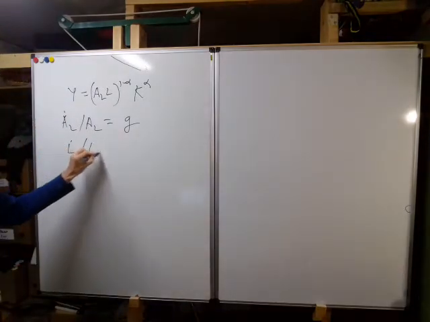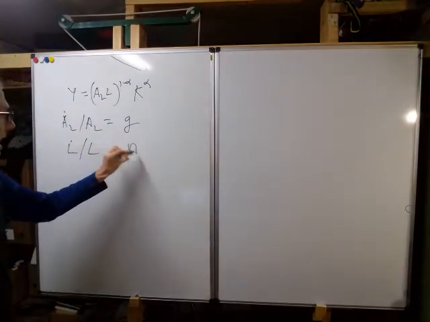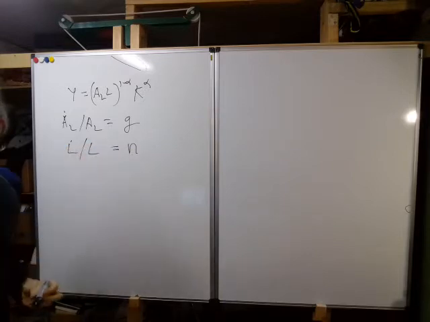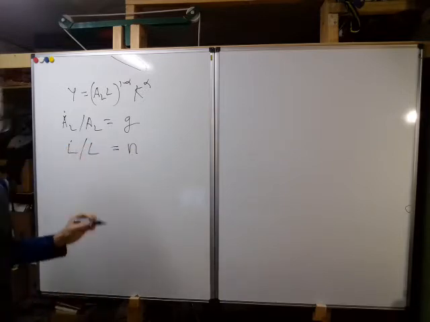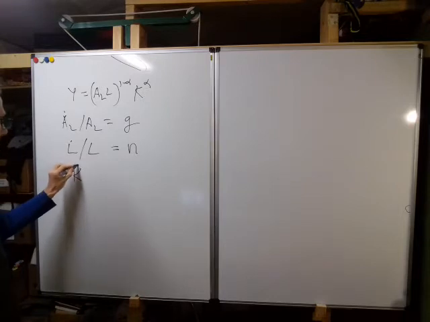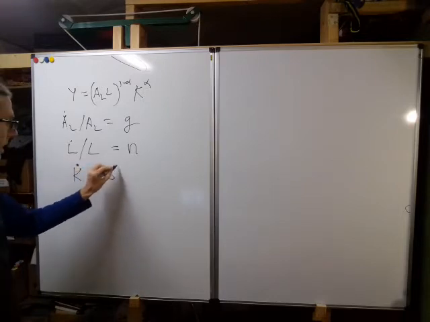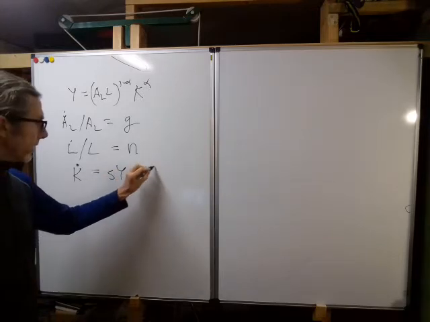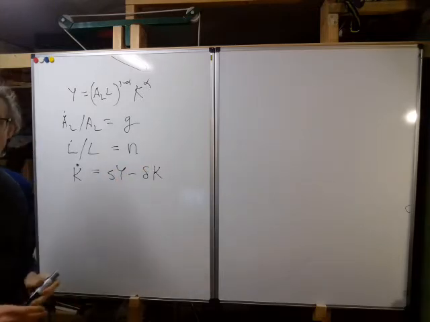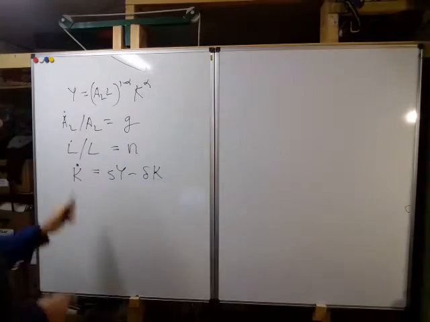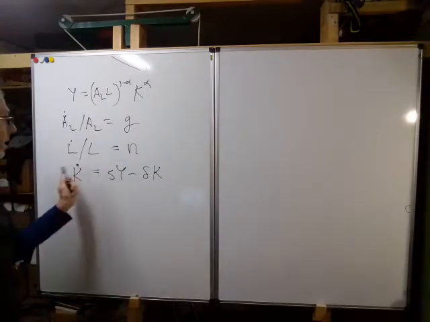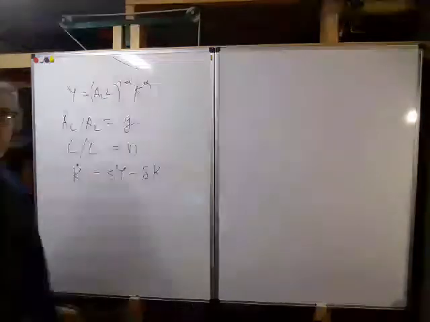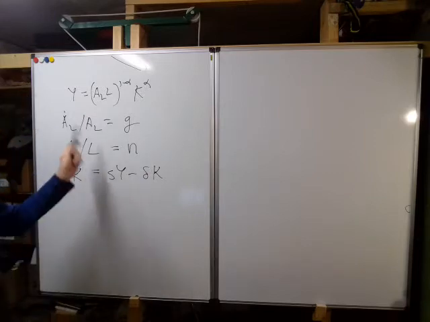We've got L dot over L is n, another constant rate. And we've got K dot is sY minus delta K. So I've gone into continuous time here, because it's more convenient for this kind of stuff.